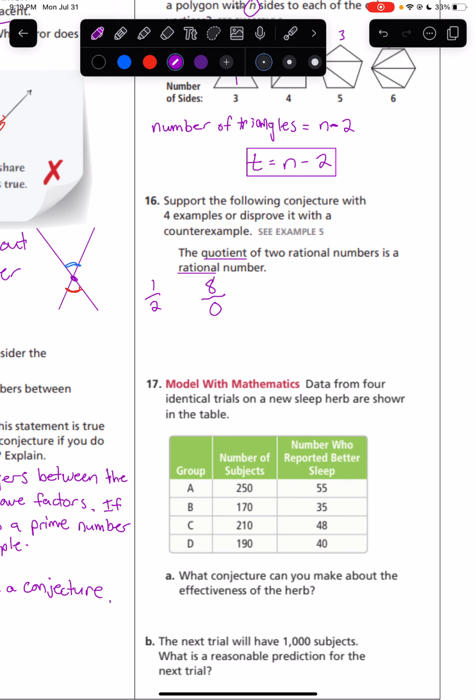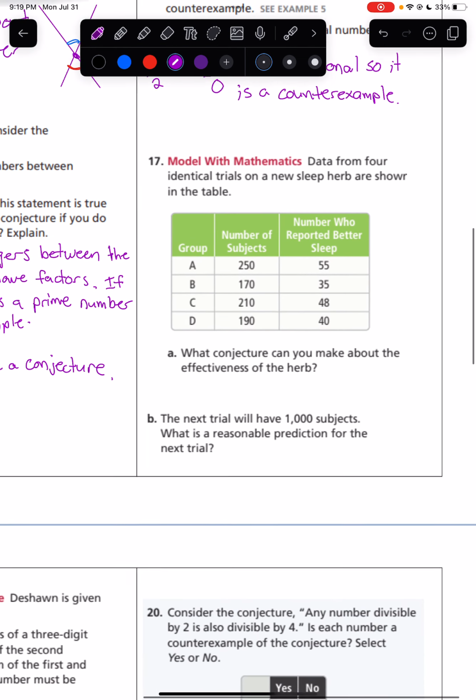So 8 divided by 0 is not rational. So it is a counterexample.